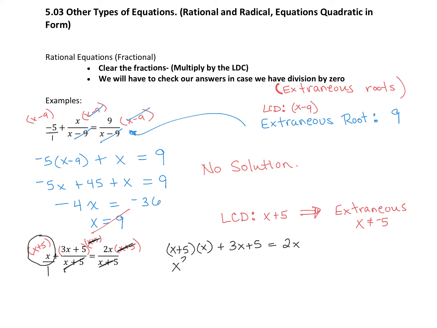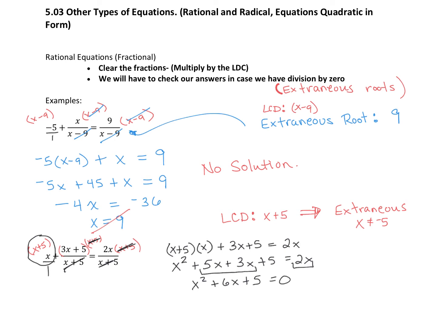So distributing, we get x squared plus 5x plus 3x plus 5 equals 2x. So we have x squared. 5x and 3x is 8x. And if I subtract 2x, I get 6x plus 5 equals 0.